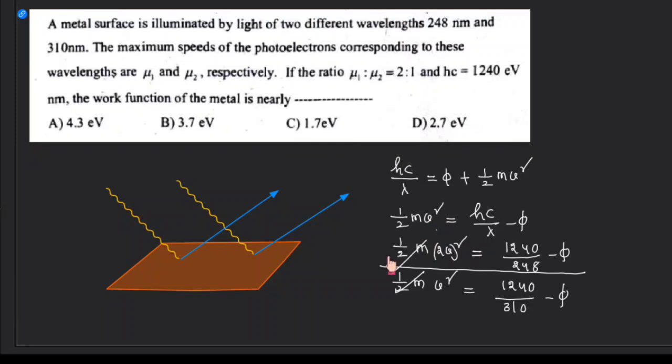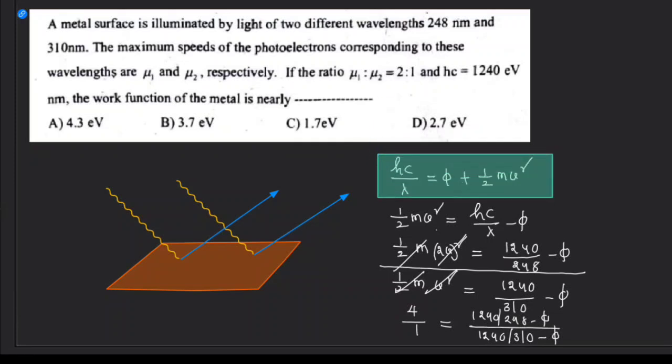So half m will be cancelled, v square will be cancelled, and here it will be 4 by 1, equal to 1240 by 248 minus phi over 1240 by 310 minus phi. Just do this calculation, it takes time for me to do it, so you can get this answer very easily, right? So do this and please carry forward this question for the next exam. Please keep this Einstein equation in your mind for the next exam.